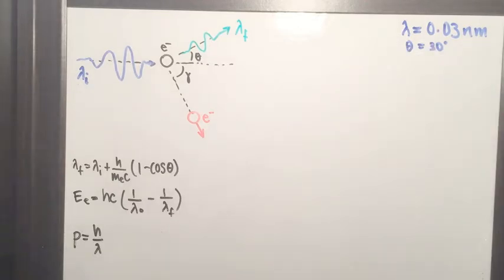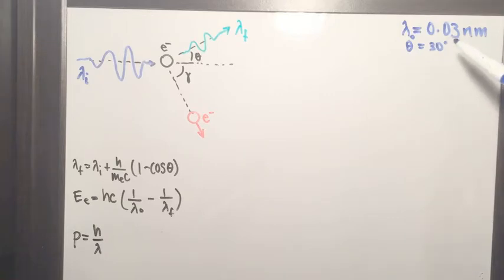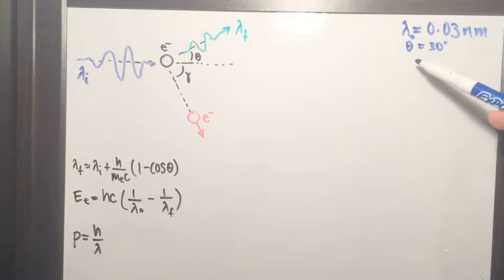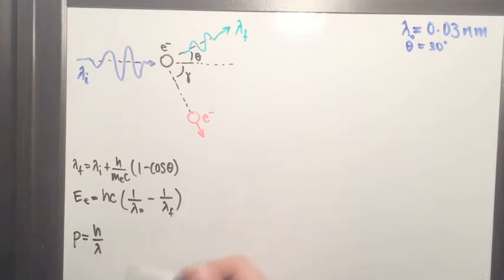I've chosen our initial wavelength to be 0.03 nanometers, and theta, the angle through which the scattered photon is deflected, to be 30 degrees. Here I've just summarized our equations that were shown just a couple minutes ago.